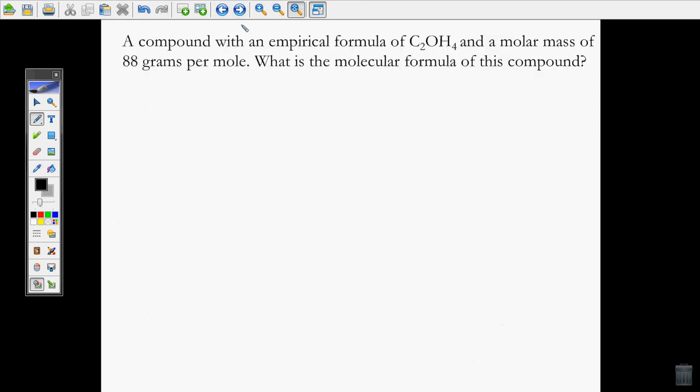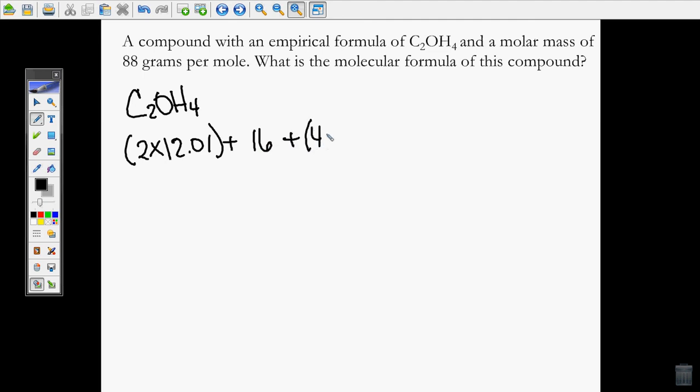A compound with an empirical formula of C2OH4 and a molar mass of 88 grams per mole, what is the molecular formula of this compound? Well, they already gave me my empirical formula, so all I have to do is calculate the molar mass of this. 2 times 12.01 plus my oxygen plus my 4 hydrogen, and I get 44.06 grams per mole.